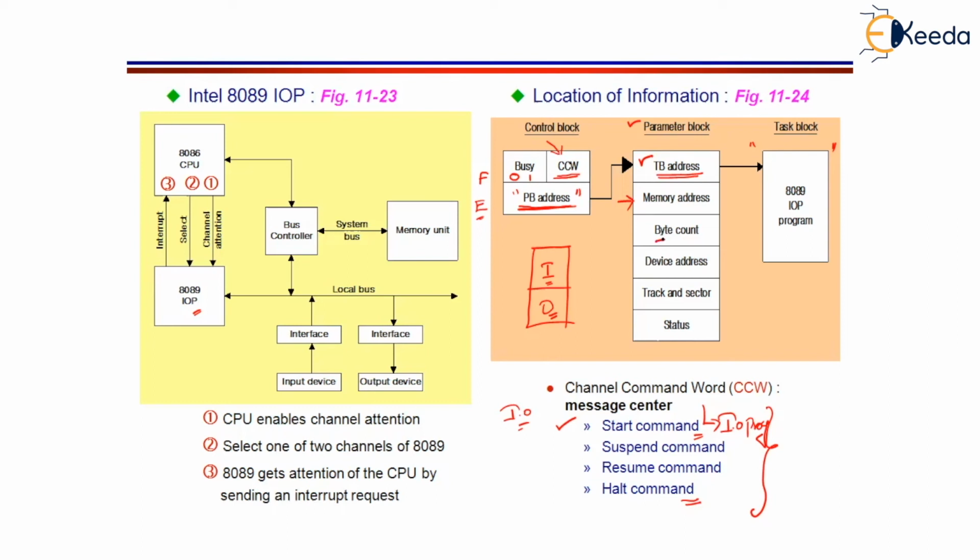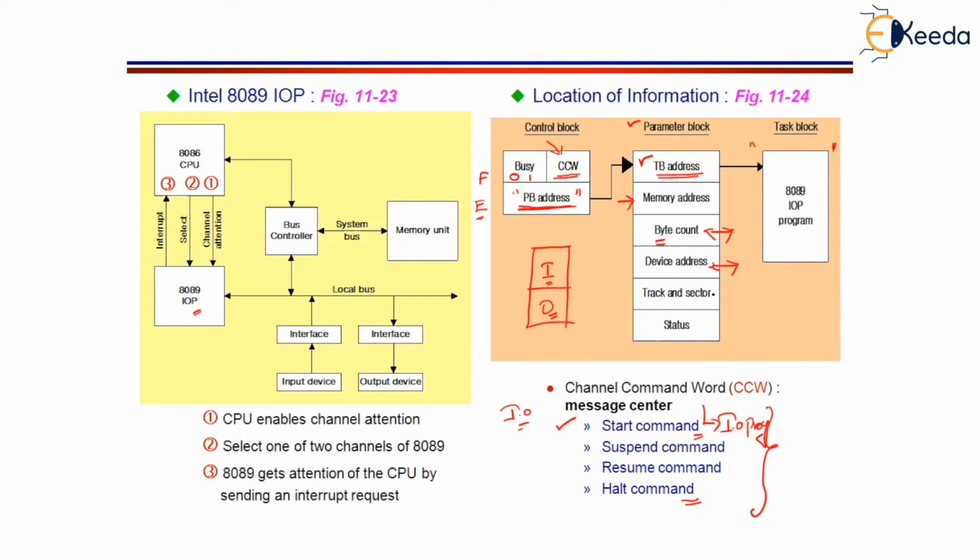Next thing is the byte count. What is the byte count? The number of bytes that are needed to be transferred at this point. Whenever there is an IO operation, it eventually involves some transfer, as you already know. So how many total bytes are there? Next, device address: to or from which device the transfer has been initiated. Every device will be given an address, you already knew it.